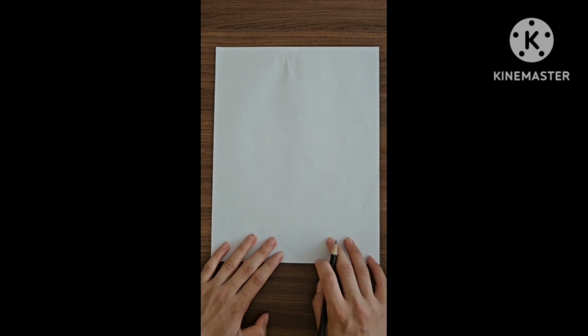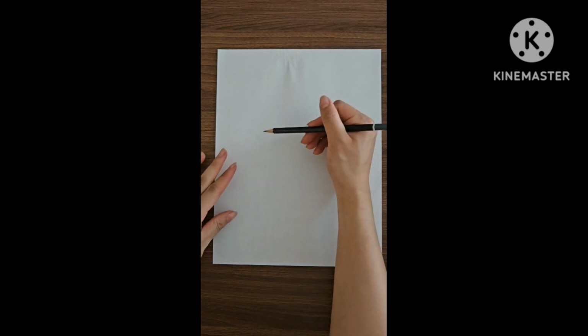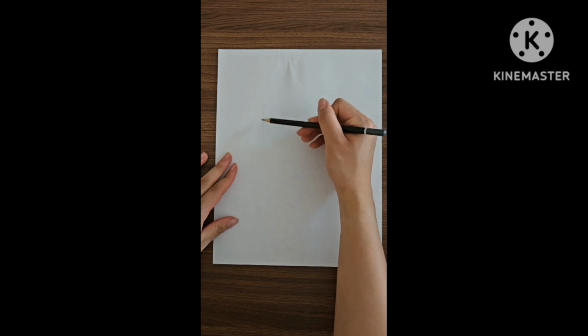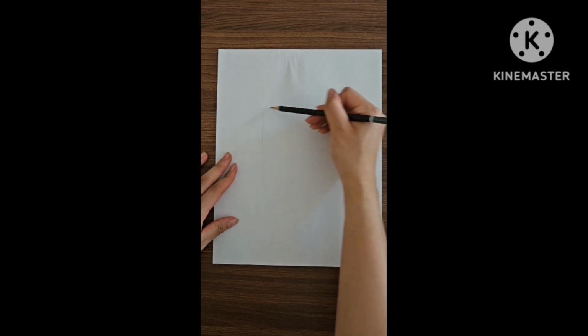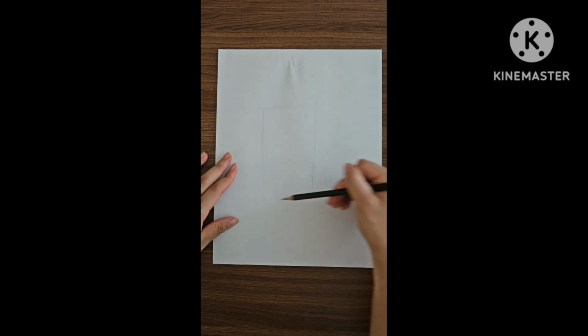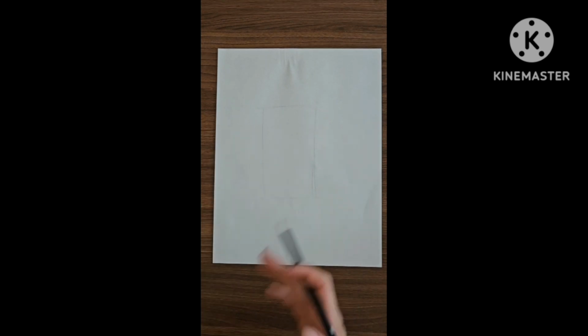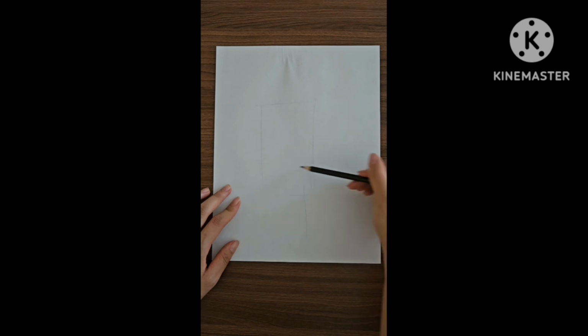To start, we're just going to think about the shapes we see when we think about a cityscape. As you think about that, you can go ahead and draw out the sketch of your first building. Make sure your markings are light because we're going to be doing a lot of overlapping.